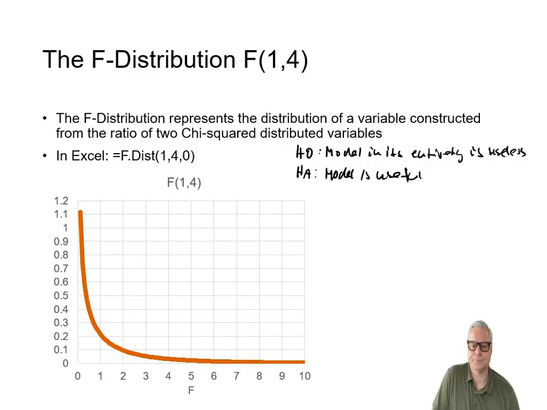Okay, so now what we do is we do an F-test, and our F statistic was 8.8. So that is maybe somewhere here, maybe that's 8.8.